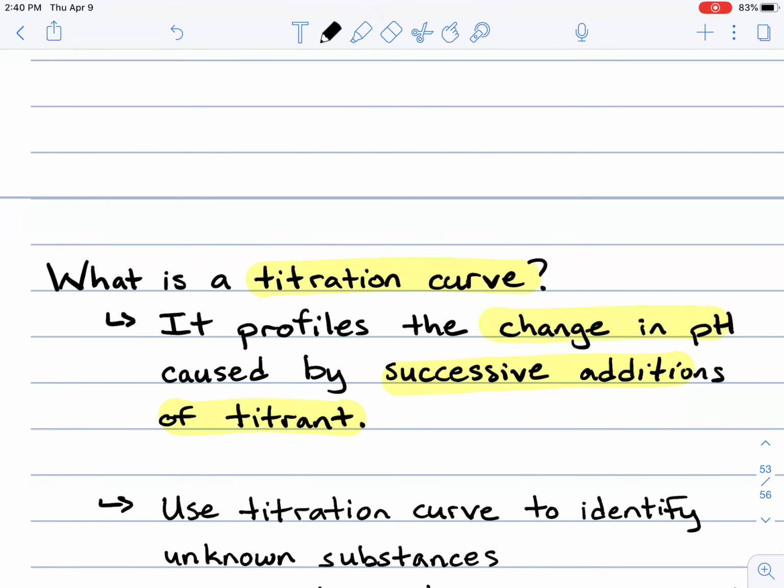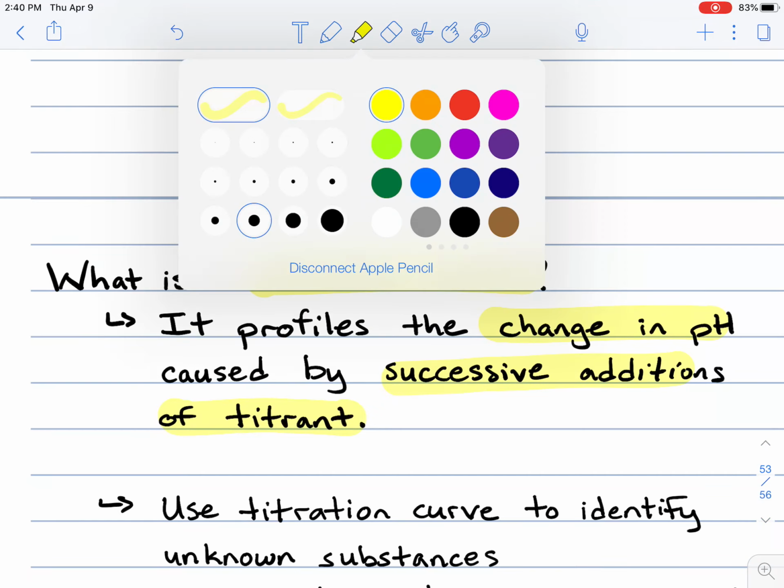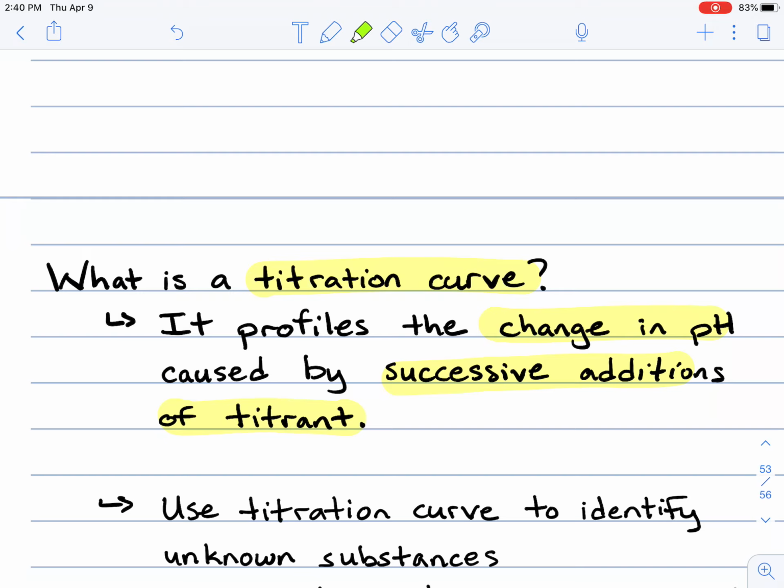Now, we can use a titration curve for many different scenarios. One of the reasons why we want to build or look at a titration curve is to identify unknown substances.